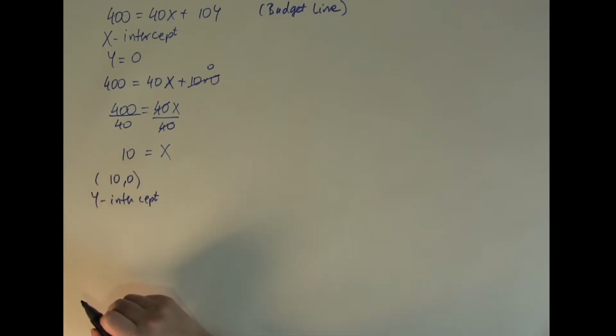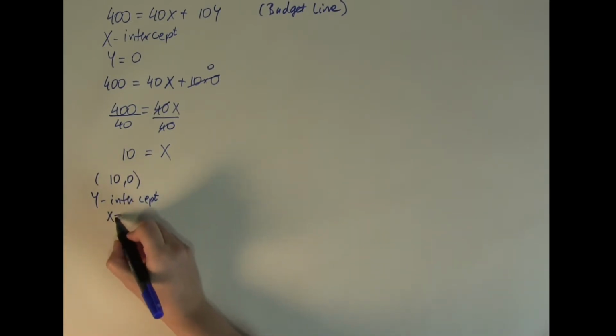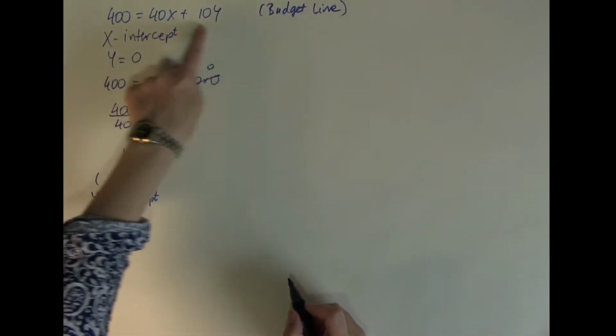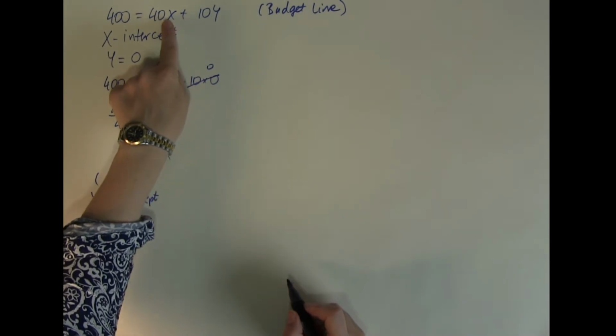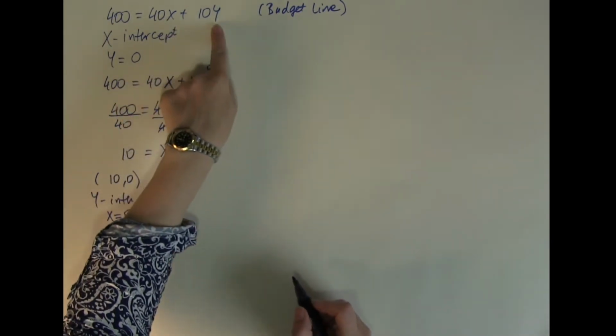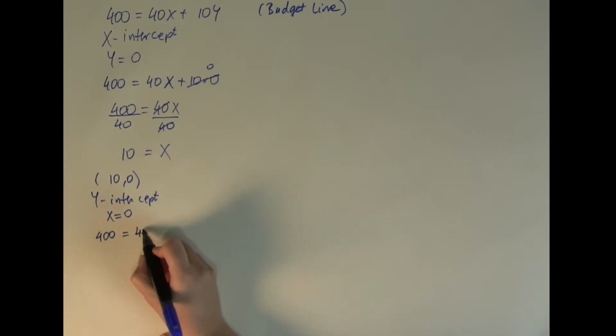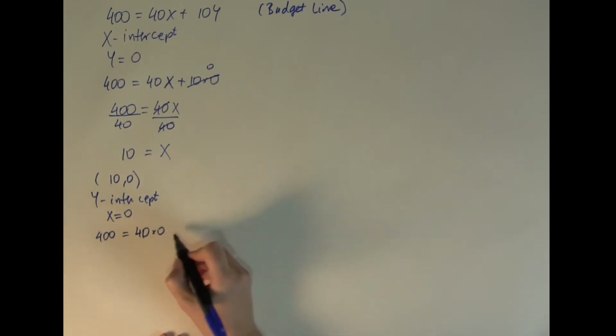Well, I know that for the y-intercept, the x-coordinate will be equal to 0. So I'm going to go back to the original equation again, but now I'm going to substitute x for 0 and calculate the y-coordinate. So 400 equals 40 times 0 plus 10y.